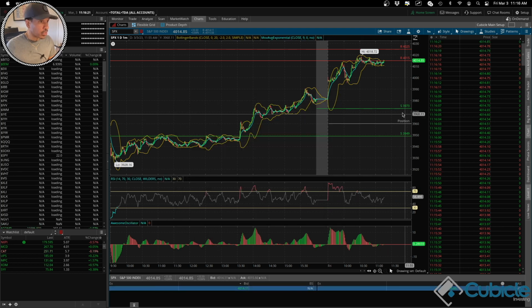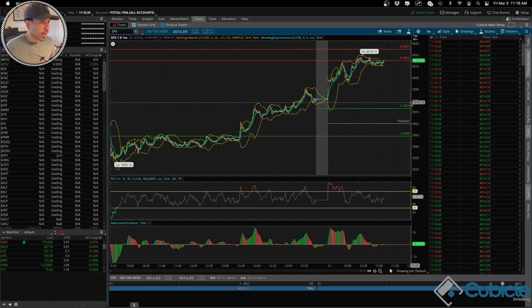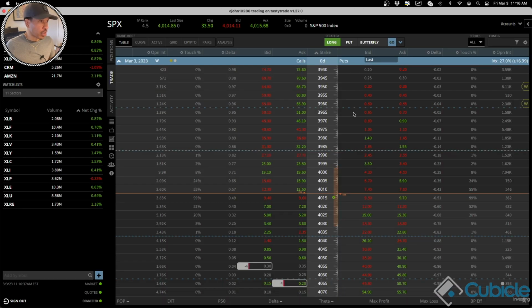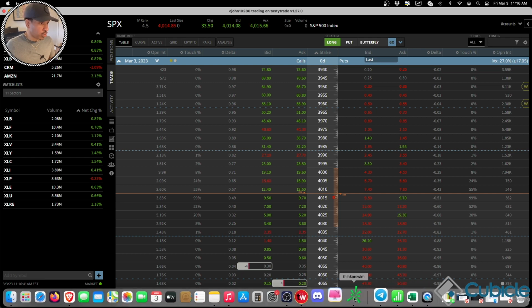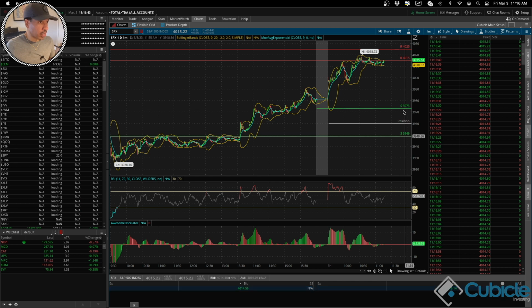So as you can see here, one of my support levels or support areas that I have highlighted here on the chart is 39.73. That's my first support area. So if I'm able to get filled on that trade here of 39.60 and 39.50, that'll put me in between my support levels on the downside, so 39.73 and also 39.49.